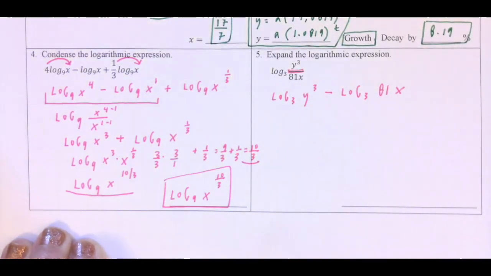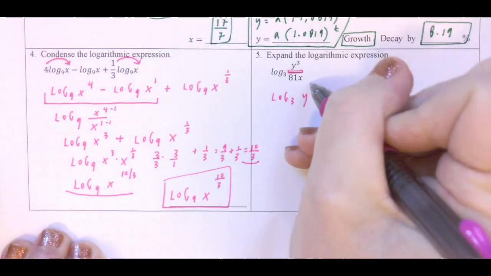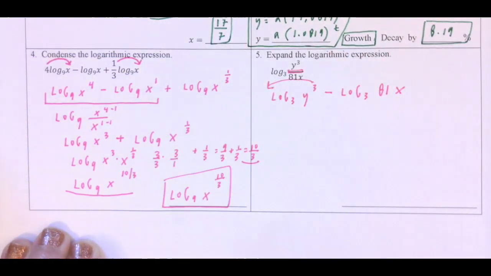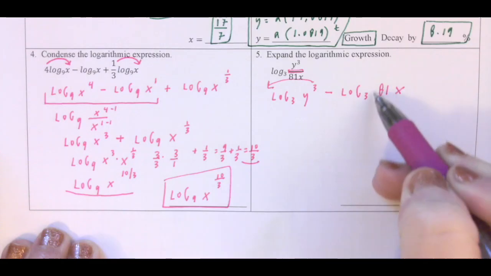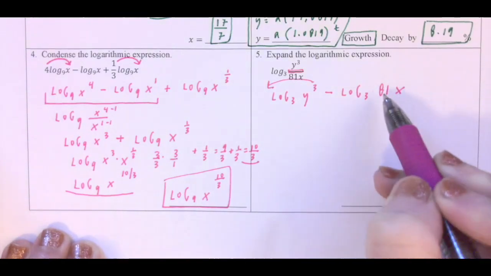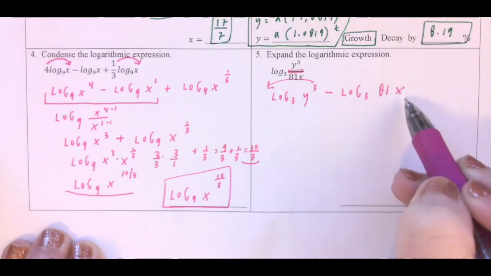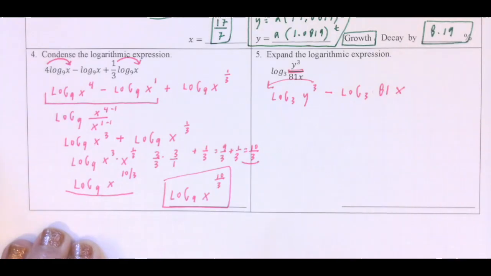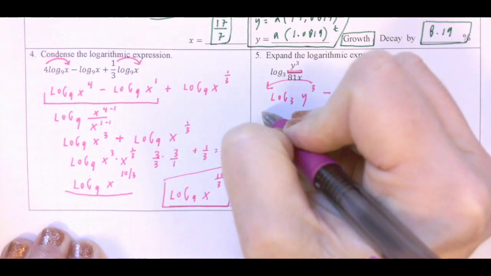Okay, next thing that I see to do is pull the exponent of 3 back out in front. And I can also see that the 81x that's in the argument position here is a product, right? 81 times x. So I can take this log base 3 of 81x and write it as two separate logs that are being added. So let me write that out.